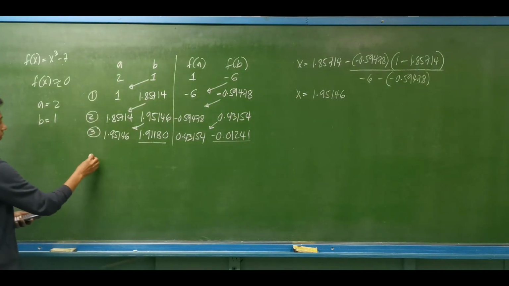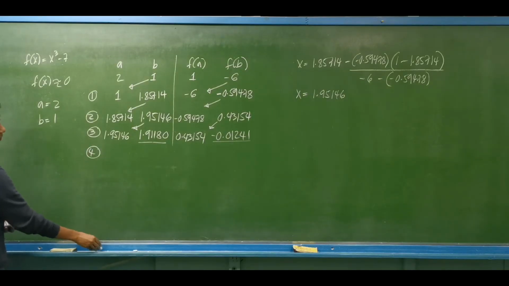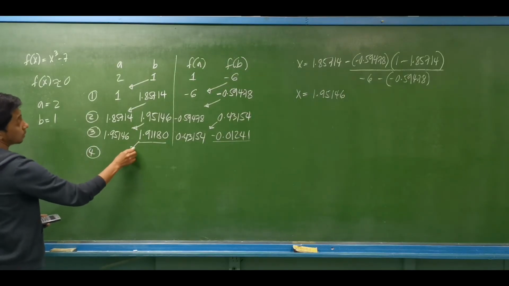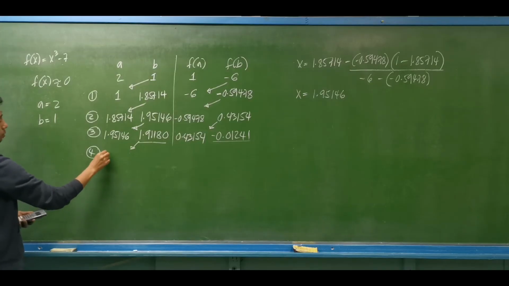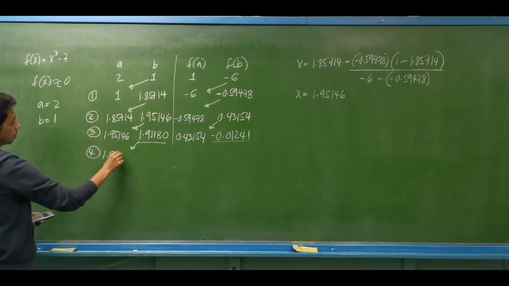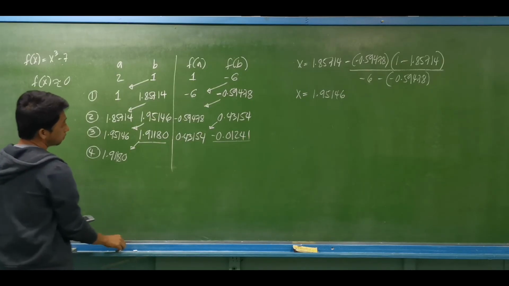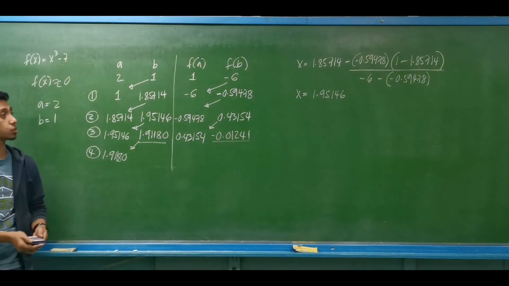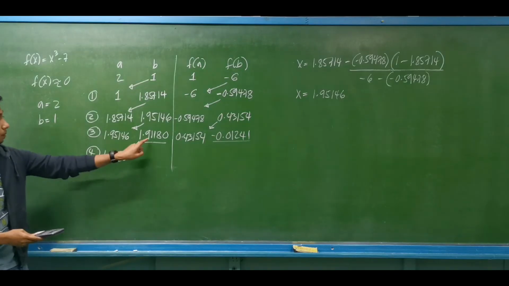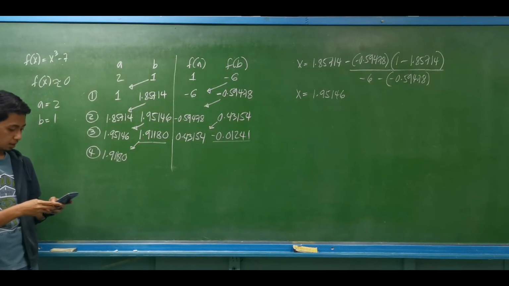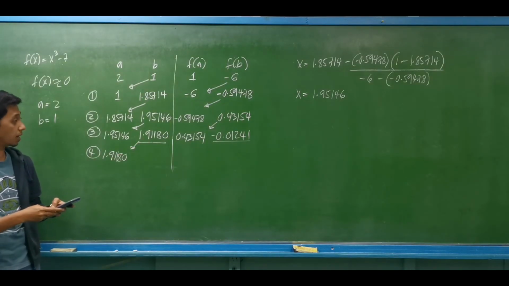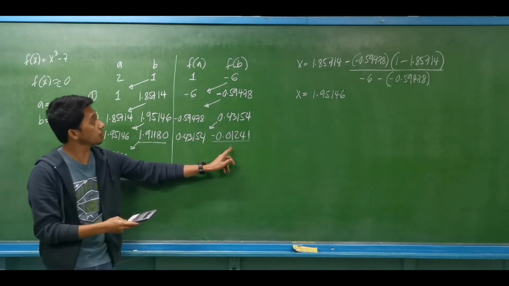So let us do the fourth iteration. All we have to do is copy the value of b to the next value of a, 1.91180. So let us compute the next value of x. We have 1.91180 minus f of b. What is our f of b?